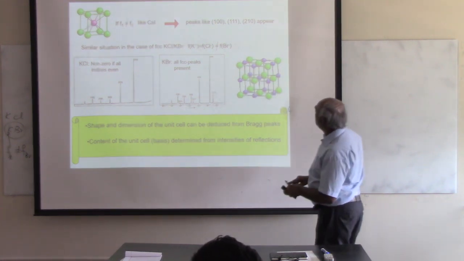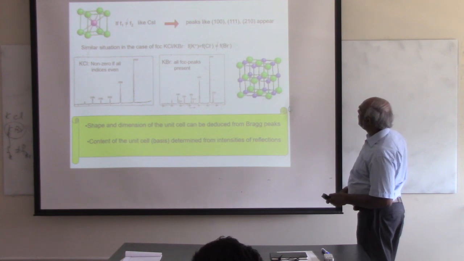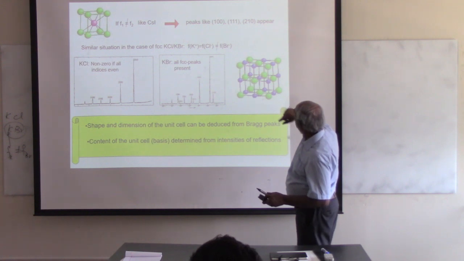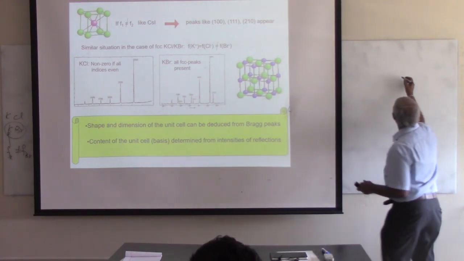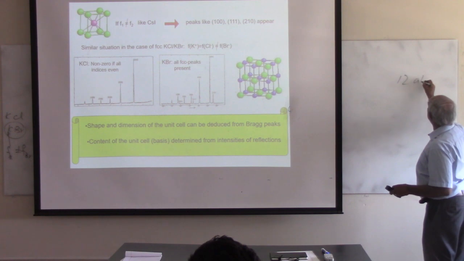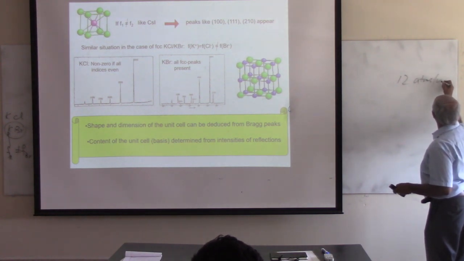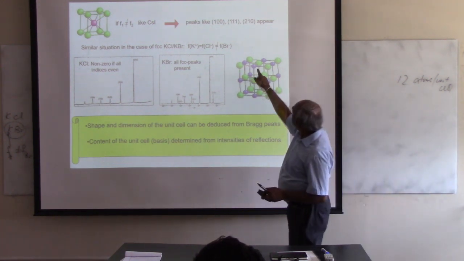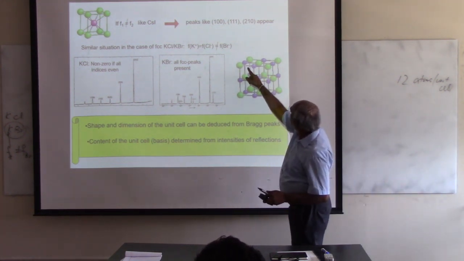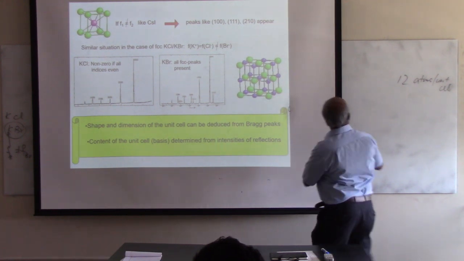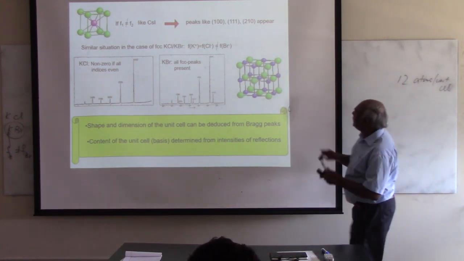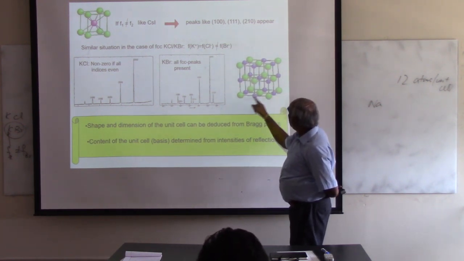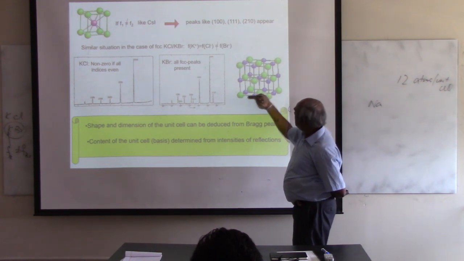If you take chlorine atoms, actually no, we have 12 atoms per unit cell, because for sodium atoms, please look at this one. They are at the center of each of these lines, right?